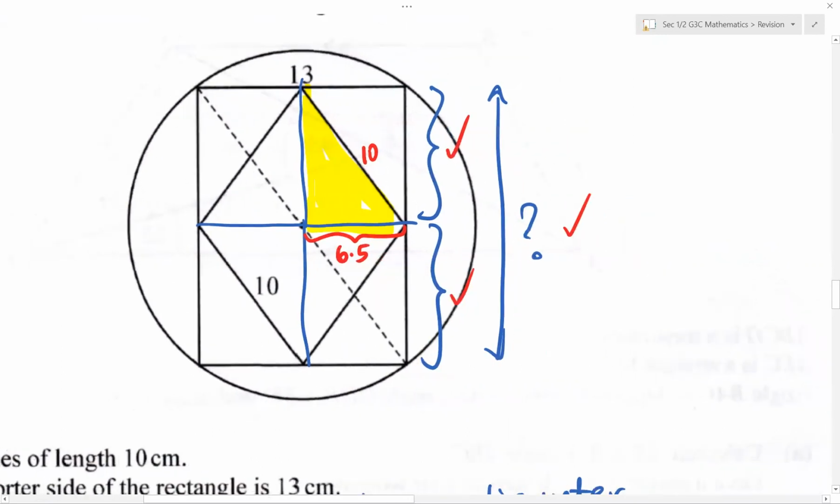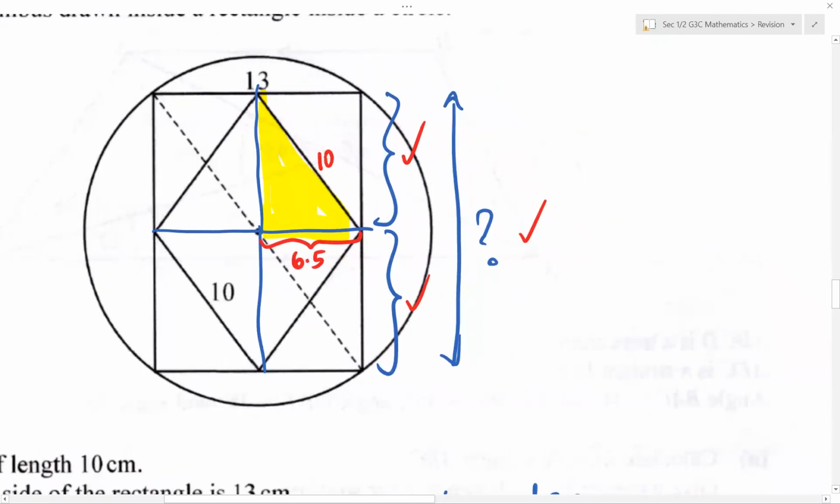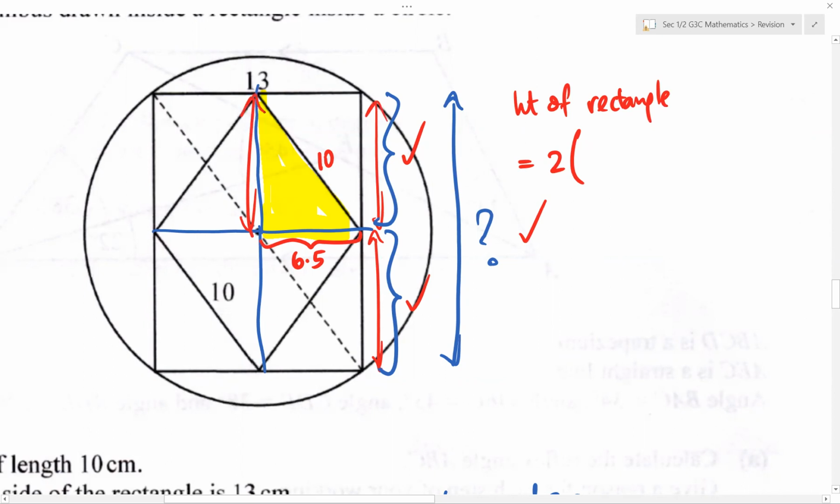So I'm going to do the working on the right hand side over here with its space. So height of rectangle is 2 times, because we've got one over here and another one, they are the same. 2 times this distance, which is given by our Pythagoras theorem, 10 square minus 6.5 square.